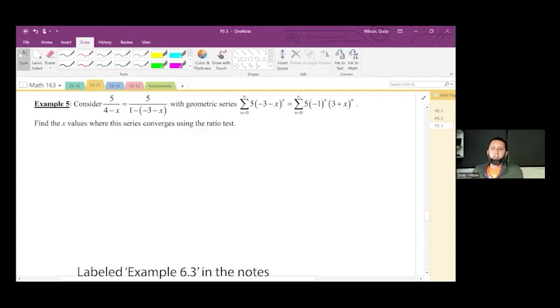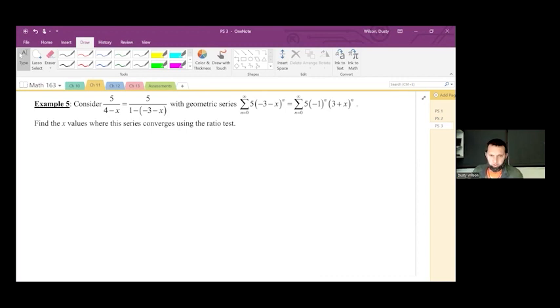Example 5. Consider 5 over 4 minus x, which is 5 over 1 minus negative 3 minus x. It has geometric series, the sum from n equals 0 to infinity of 5 times negative 3 minus x all raised to the n, which is equal to the sum from n equals 0 to infinity of 5 times negative 1 to the n times 3 plus x to the nth power.